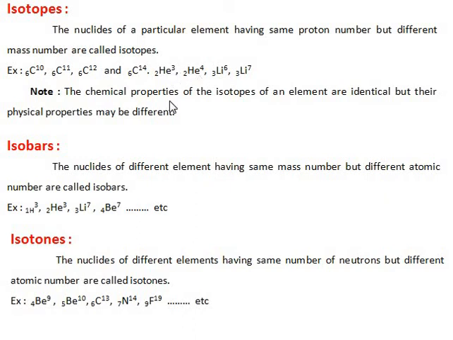Next is isobars. The nuclides of different elements having the same mass number but different atomic number are called isobars.